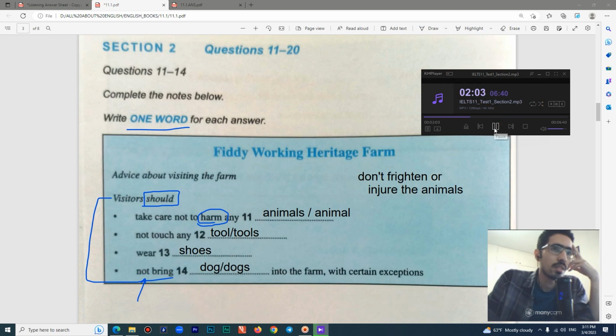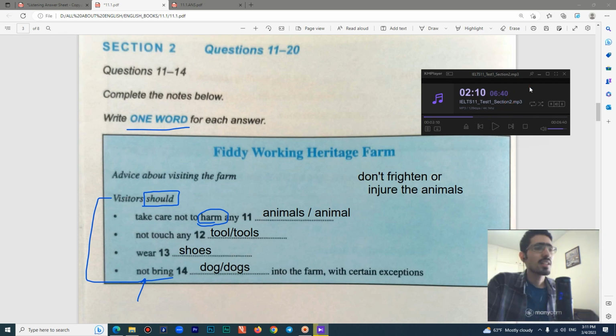I don't think any of you have brought dogs with you, but in case you have, I'm afraid they'll have to stay in the car park unless they're guide dogs. They have to stay in the car park. So you can't take the dogs inside the farm. They have to stay out.